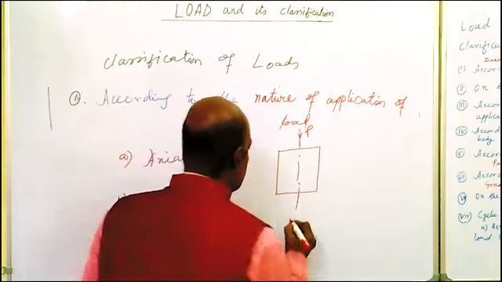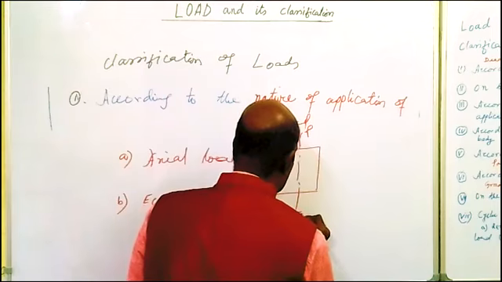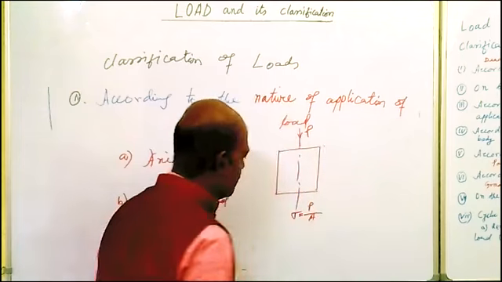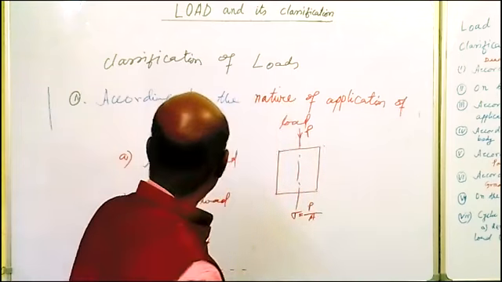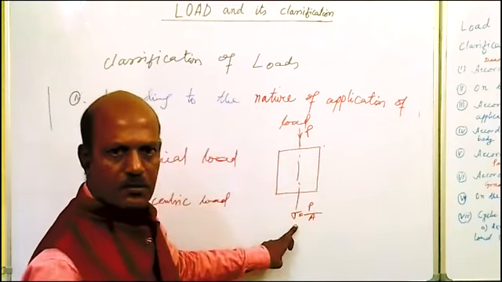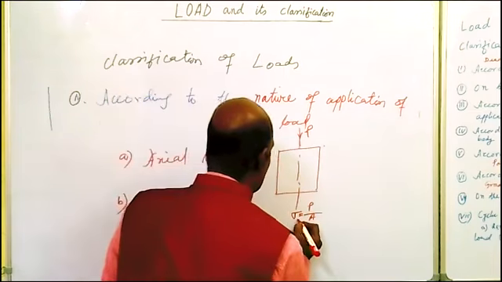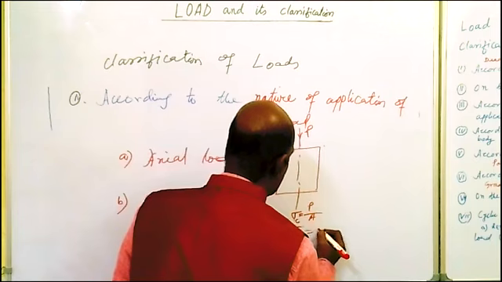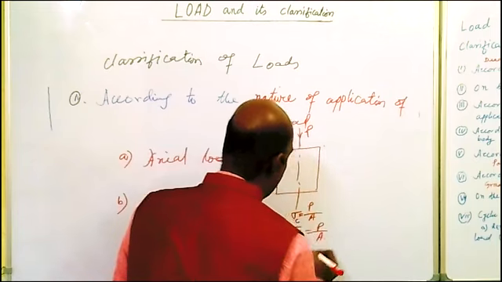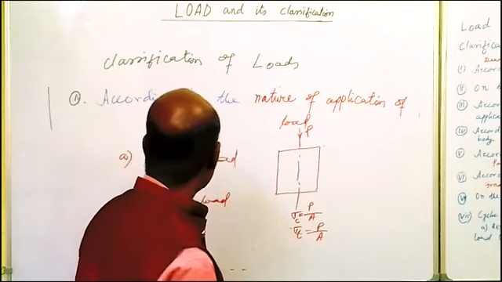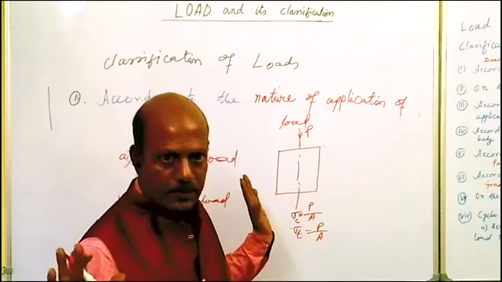So now sigma, the compressive stress, is given by P by the area of the member. If the load is tensile, it will develop tensile stress, also given by P by A. These are called direct stresses. So because of axial load, direct stress will develop in the member.